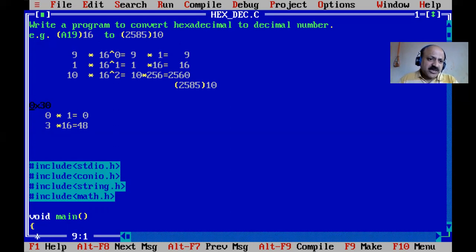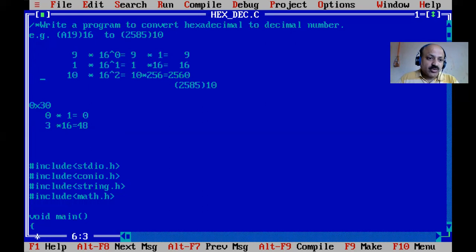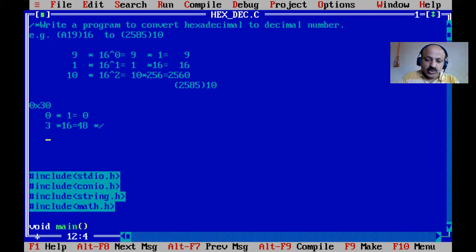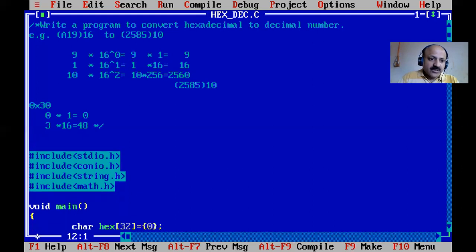So I explained: first last digit multiply by 1, second last digit by 16, third last digit by 16 times 16, and if a fourth last digit is there, multiply by 1, then 16, 16, and 16, three times. So that is the process. Now I hope you understand what this is. It is a rare case we have to use in our logic.